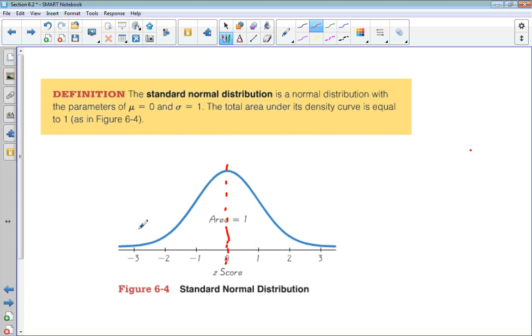My z-score is 0 because mu is 0. And everything in the normal distribution right now has a mu of 0 and a standard deviation of 1. When we get to the next section, we're going to be talking about things that might have a different mu, but we can still call what's normalizing the scores by assigning them a z-score.